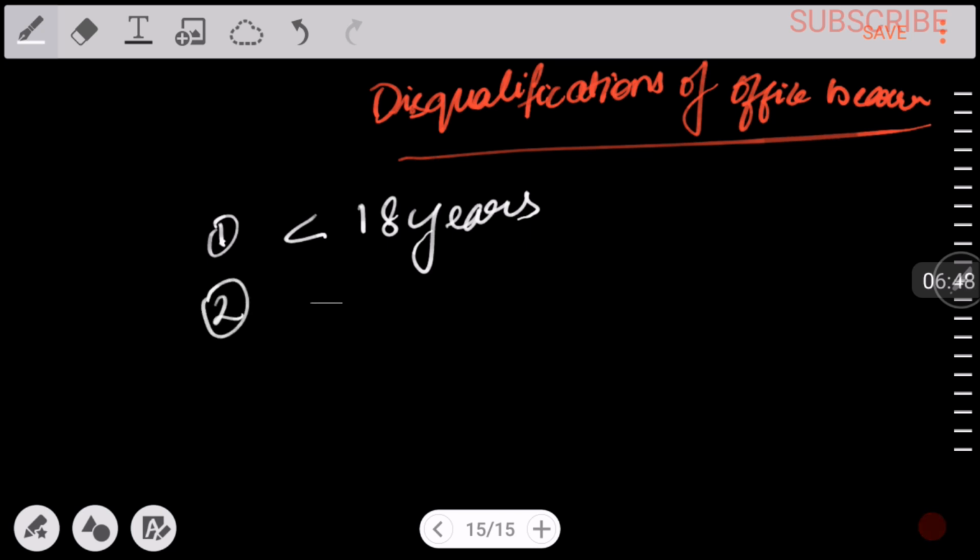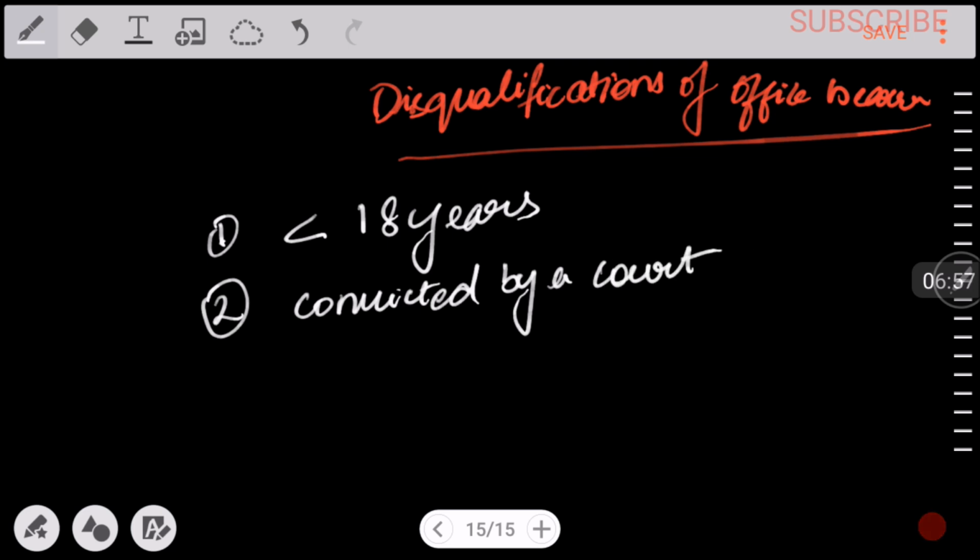Second one, he has been convicted by a court of any offense involving moral turpitude, and sentenced to imprisonment.